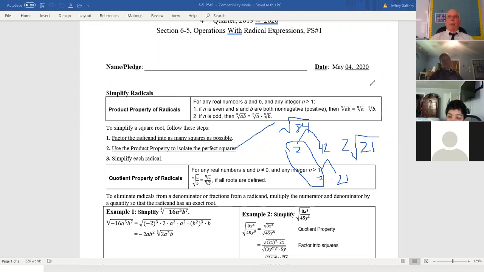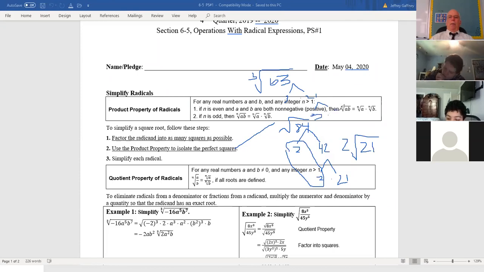Let's say you've got 63 under the radical, or 63 is your radicand. Well, that's the same as 3 times 21, right? And out of the 21, I can go 3 times 7.